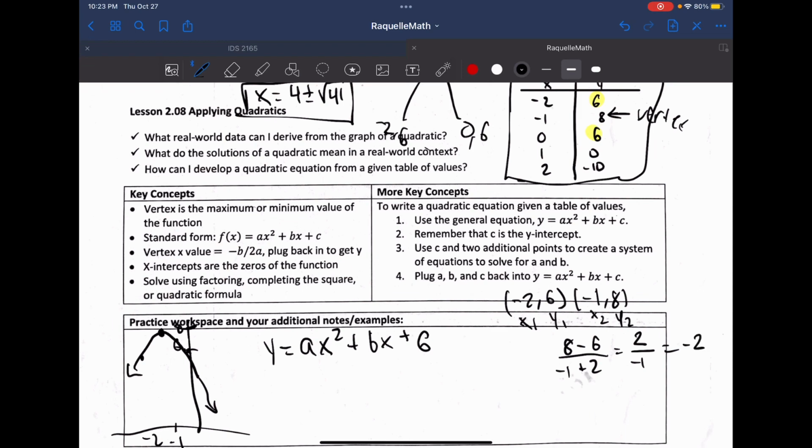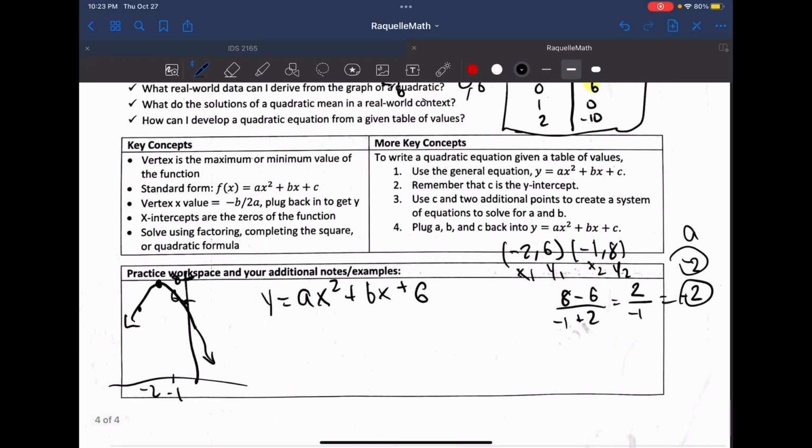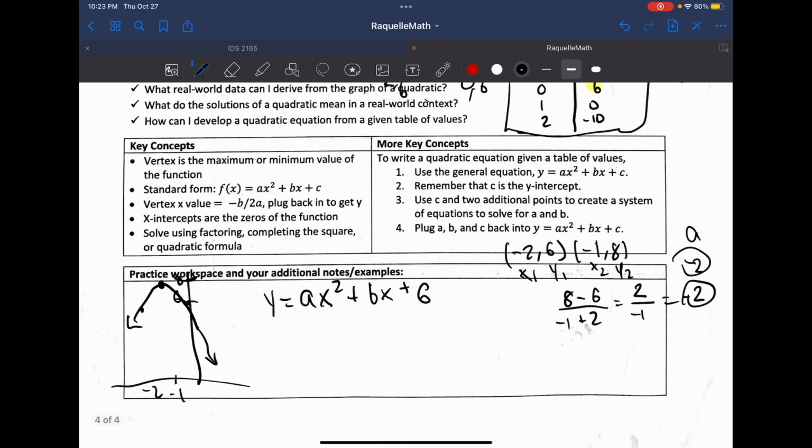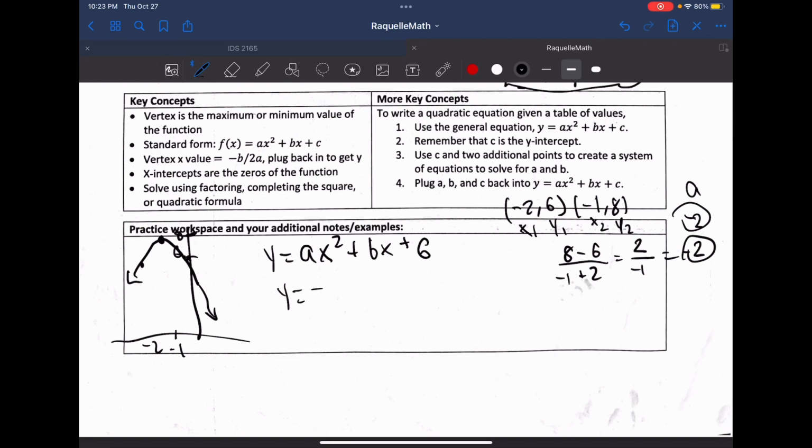So our slope is -2, which is equivalent to a, because a determines the width of our graph, and if you remember, the slope is rise over run, and so it basically will be the rise. Yeah. Am I saying that right? Yeah. Rise over run. So the width would be -2. So we have y equals -2x squared plus bx plus 6.